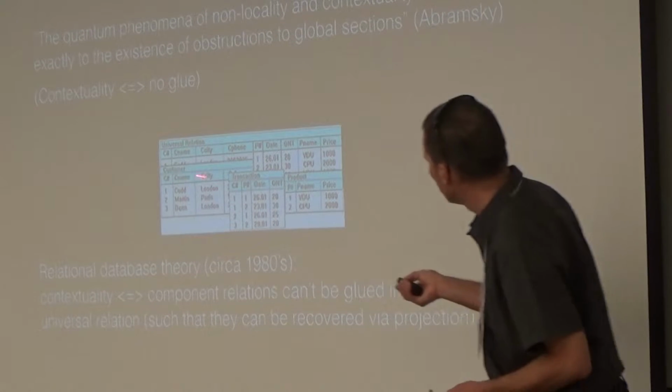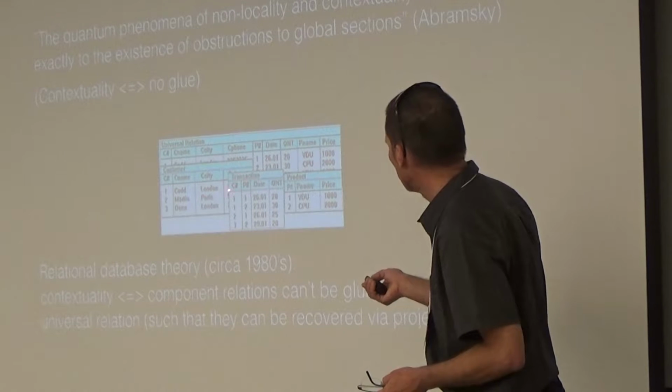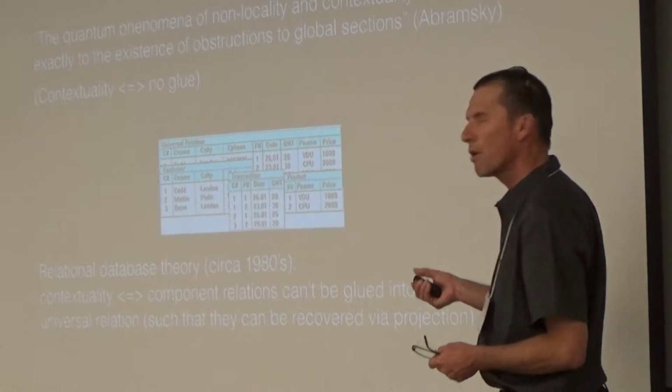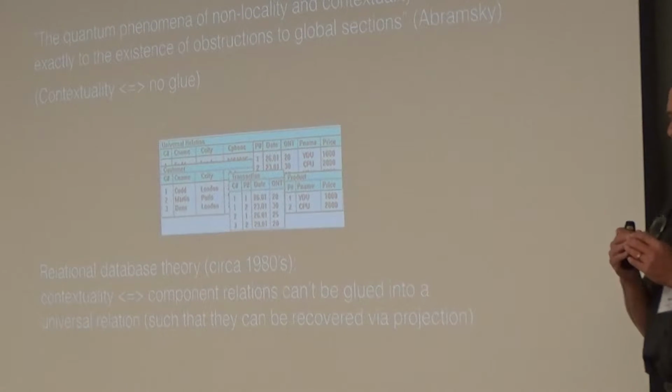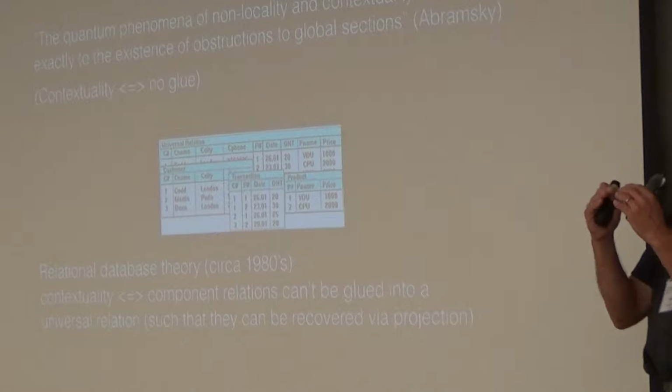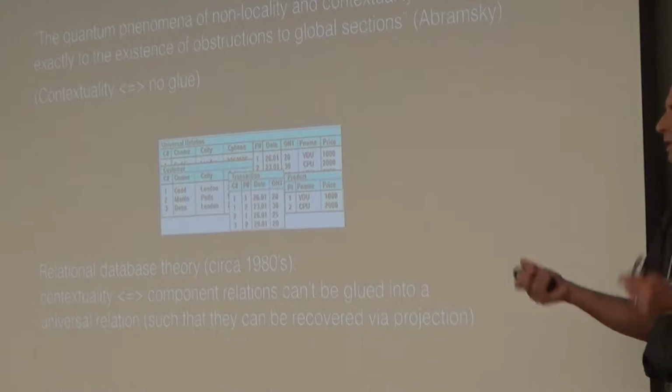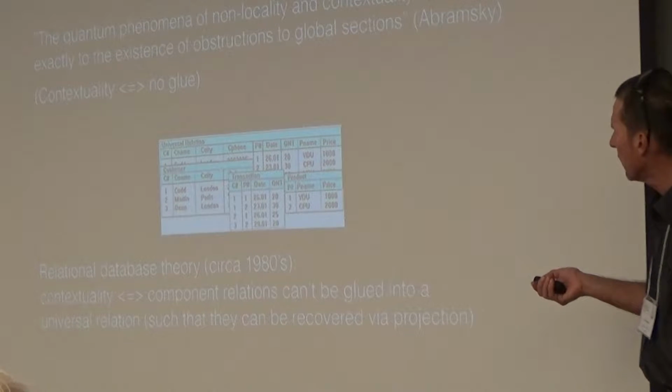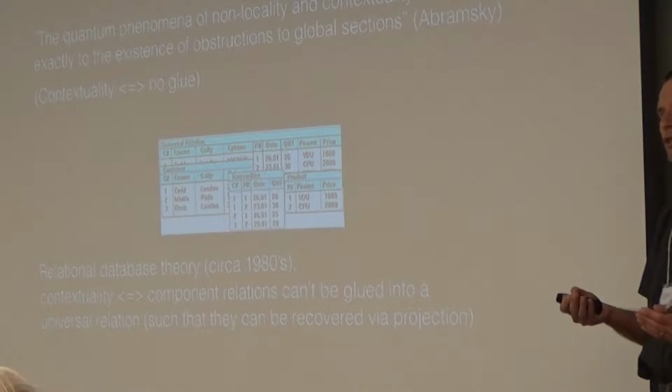For example, here we've got a customer table, here we've got a transaction table, and here we've got a product table. The problem was how to join these tables together into one single table such that we can recover each of the individual tables by projection.